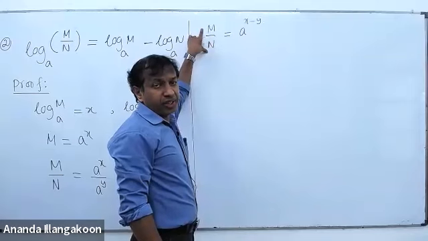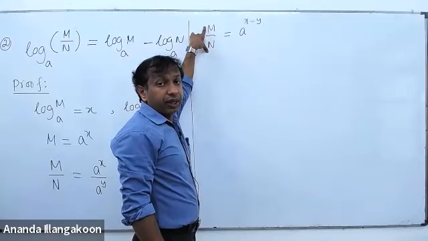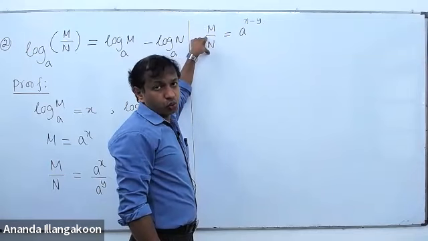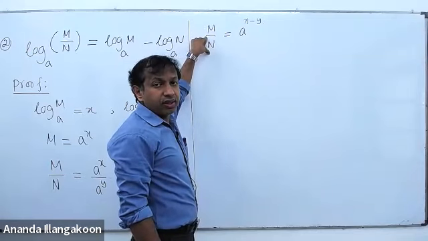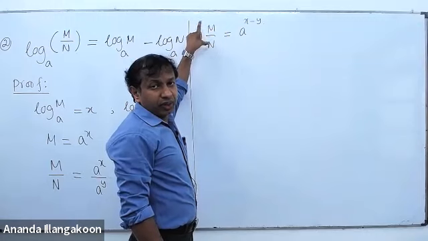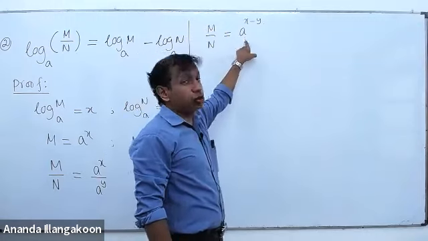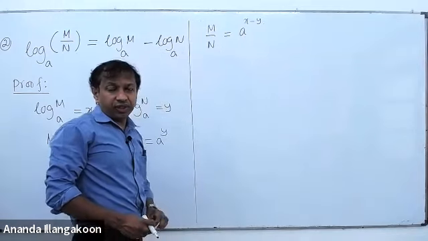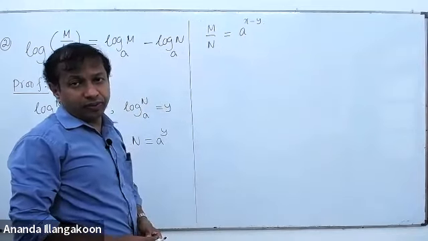For instance, if we take m as 10, n as 5, 10 by 5 is 2. This m by n is finally a single number. That single number has been expressed as a what, people? Power. That means of that single number, index form only is available.